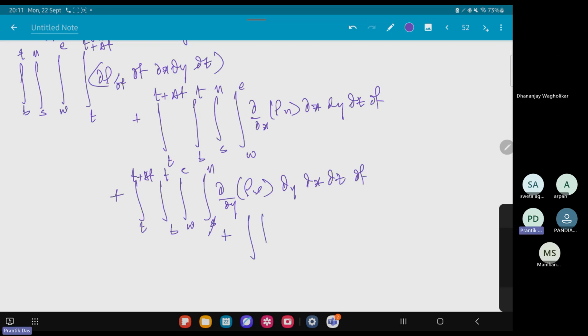Also similarly, I can do the integration for d by dz of rho w, dz, dx, dy, dt. Is it clear to all of you?